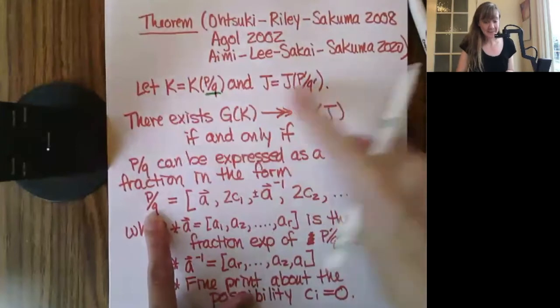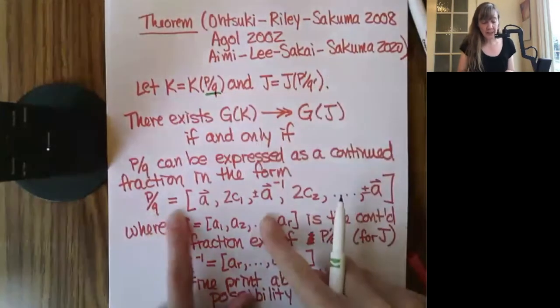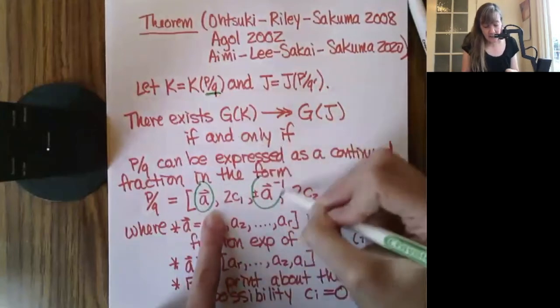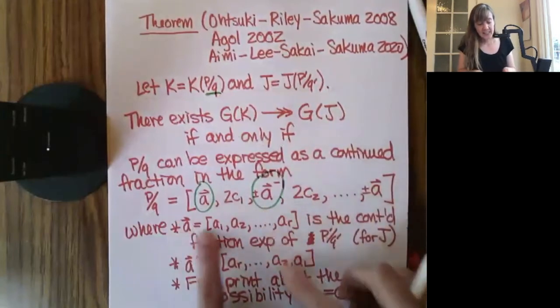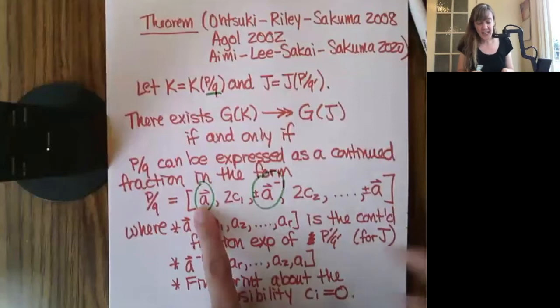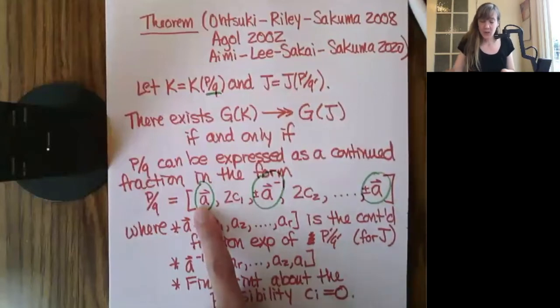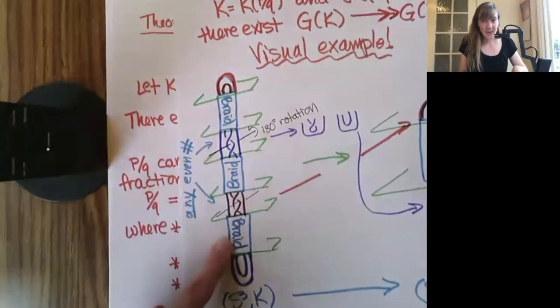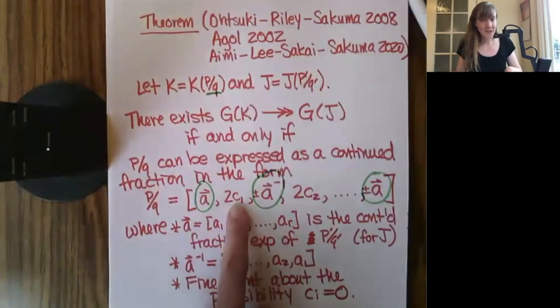J can be anything. But the fraction of K has to have every other spot, you can see, including the fraction for J in every other spot. So you observe that here when I have the braid alternating with even numbers of twists.